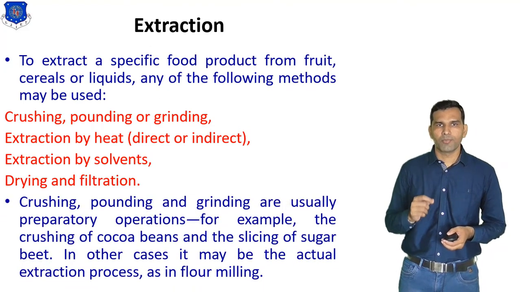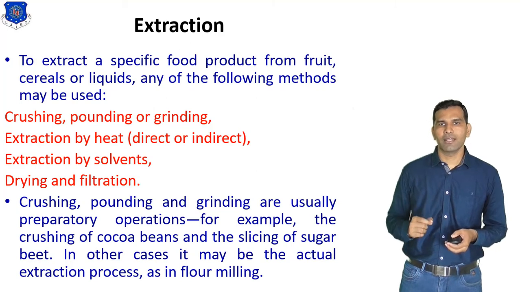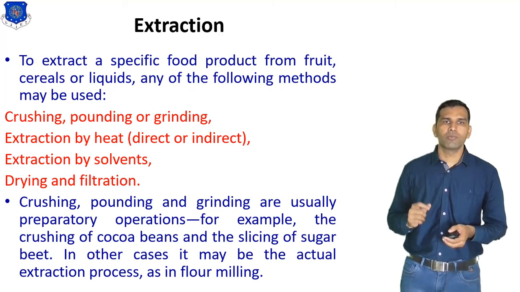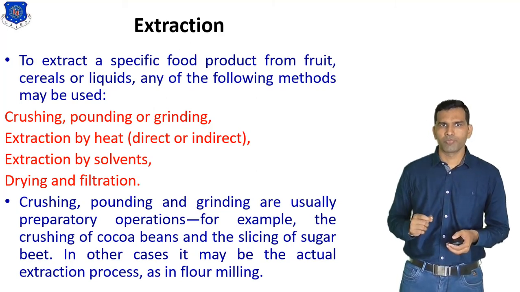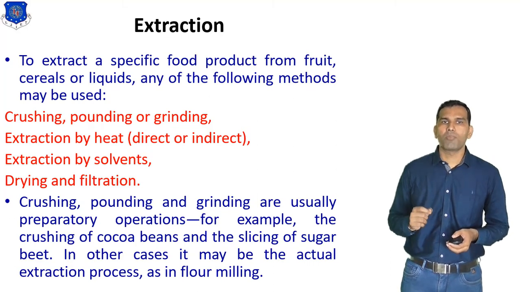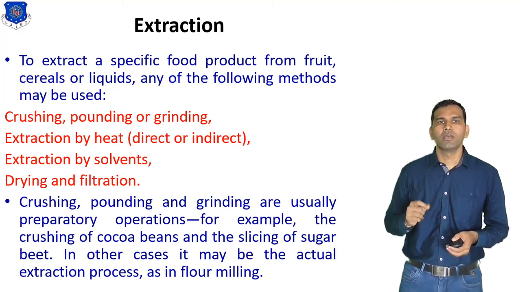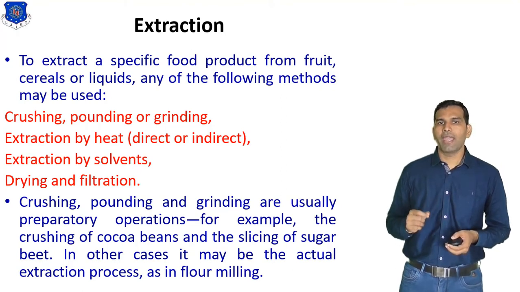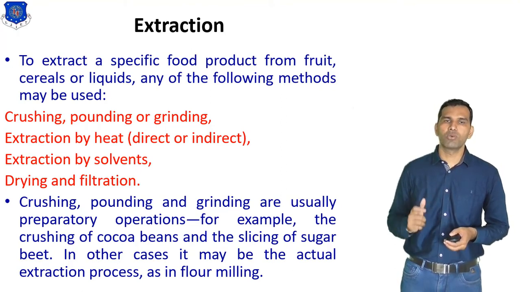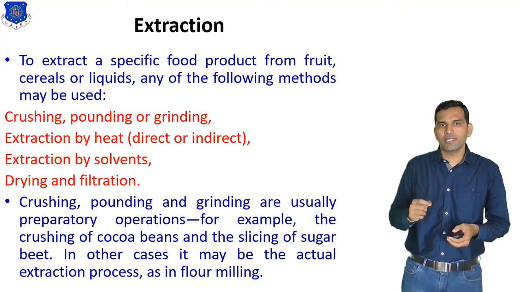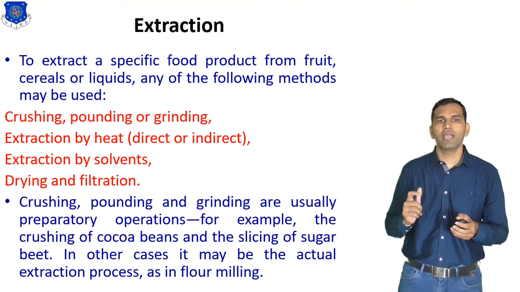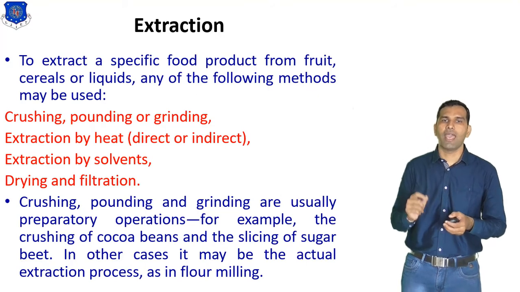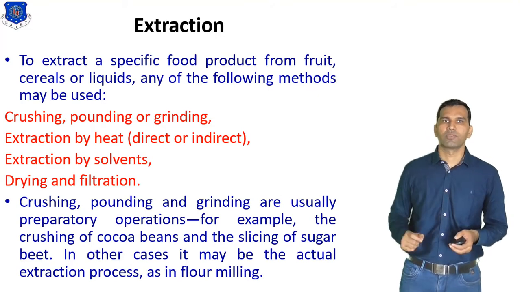Crushing, pounding and grinding are usually preparatory operations, for example the crushing of cocoa beans and the slicing of sugar beets. In other cases, it may be an actual extraction process, as in flour milling.